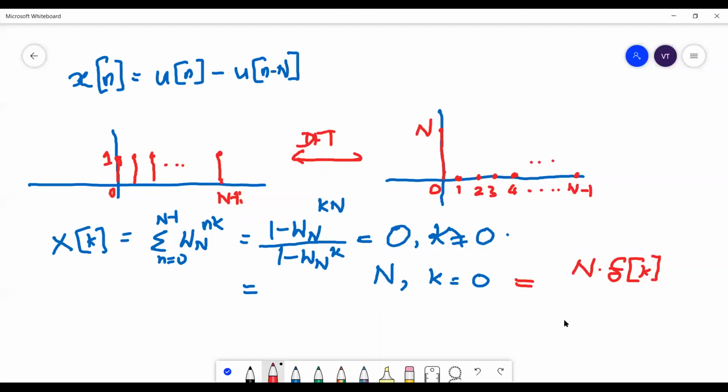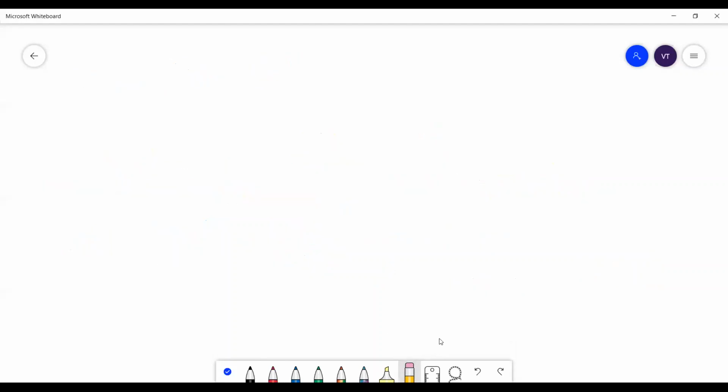Okay, so again, let me move on to the whiteboard itself, because I can illustrate it better using the whiteboard. Now let me look at the signal.